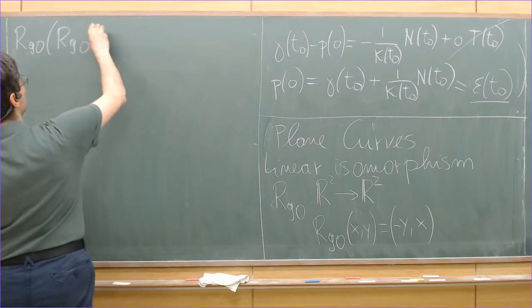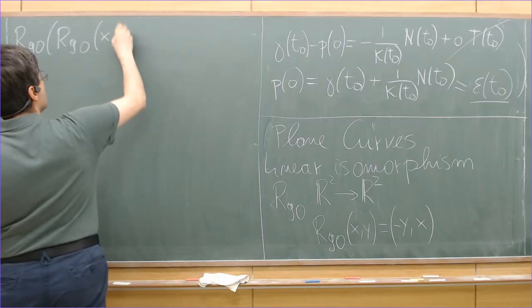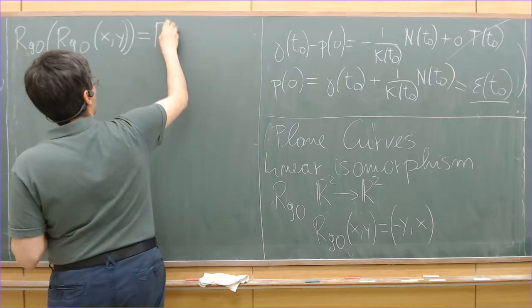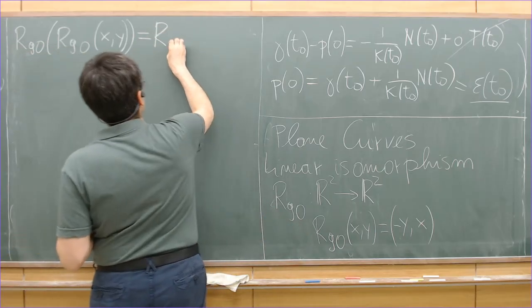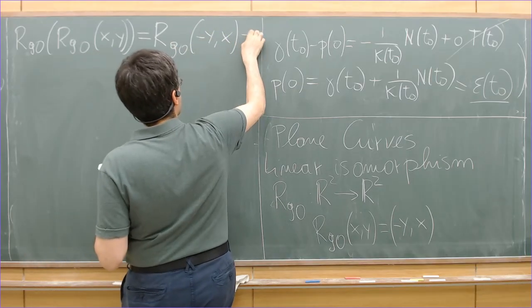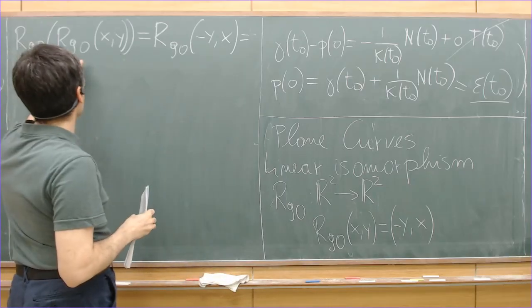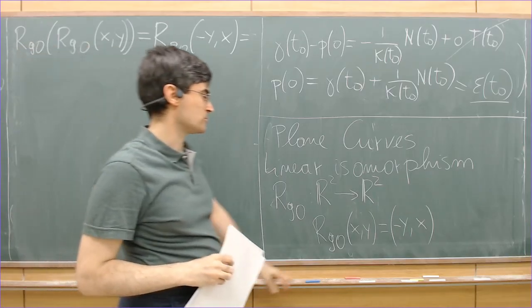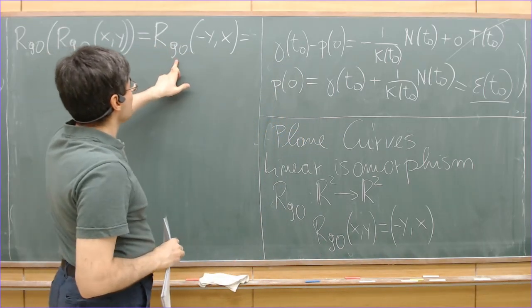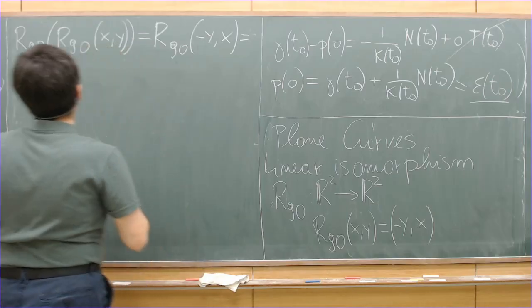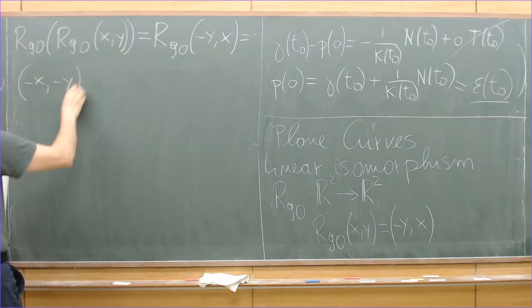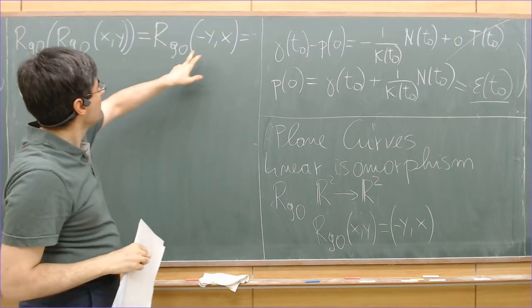Precisely, according to this definition, I get that R90 of x, y is minus y, x, and then R90 of minus y, x is equal to minus x, minus y.